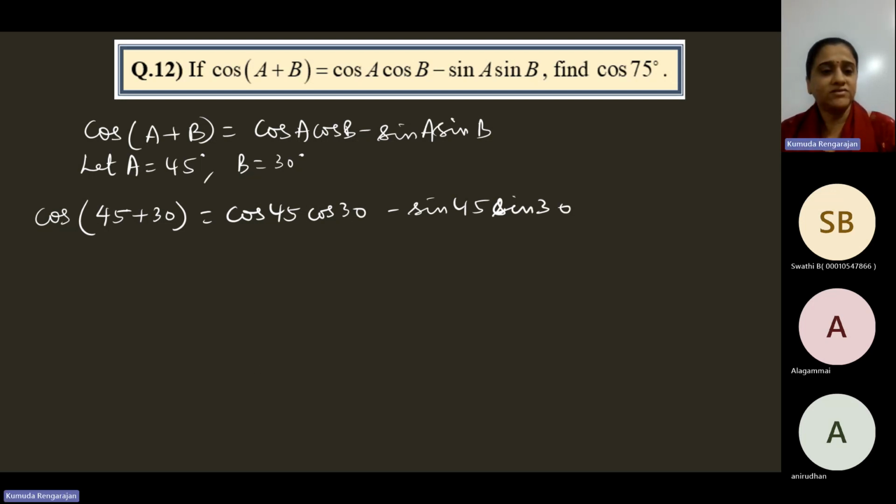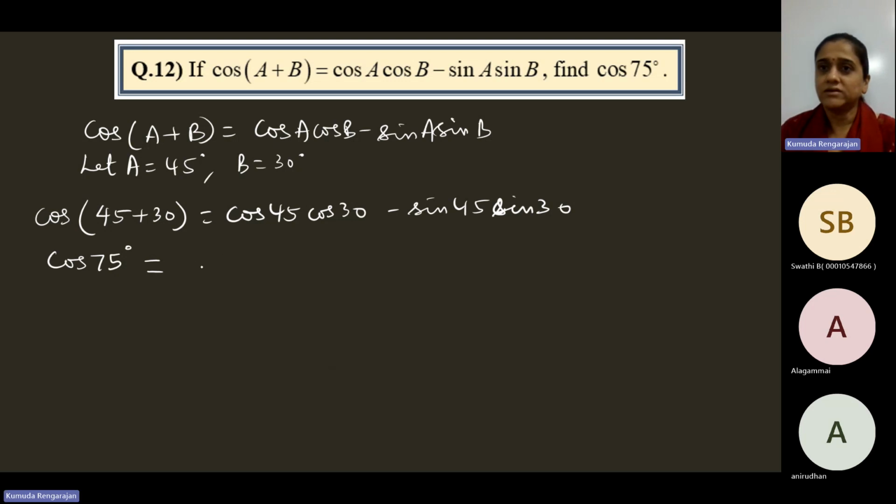Next, 45 plus 30. After sin, cos, tan, there should be only one number and one angle. So add 45 plus 30. So cos 75. We are going to get the value of cos 75 on the RHS.